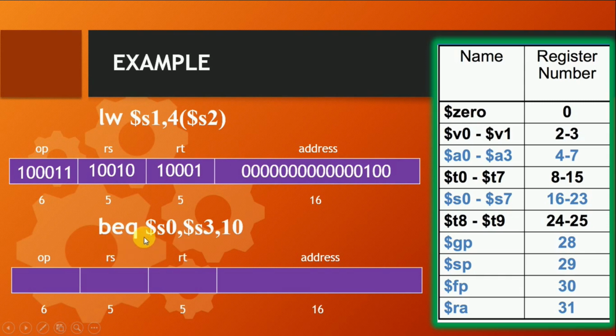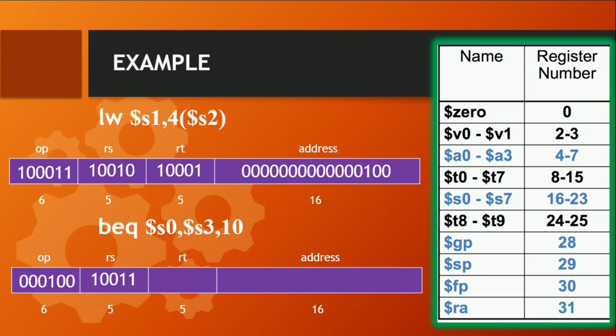The second case is BEQ. What we have seen in the opcode sheet is that it has the opcode value 4. So I have to represent 4 using 6 digits. I don't have any destination register. Both are source registers here. I can represent S0 first, or I can represent S3 first.